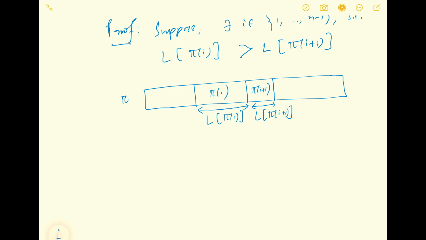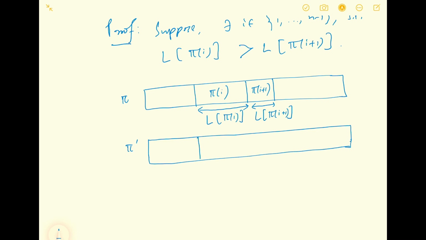And what is pi prime? There is no price for guessing. There is an easy guess: you exchange pi i and pi i plus 1. So in the ith location, you are storing pi prime i, which is nothing but pi i plus 1, and pi prime i plus 1 is nothing but pi i.